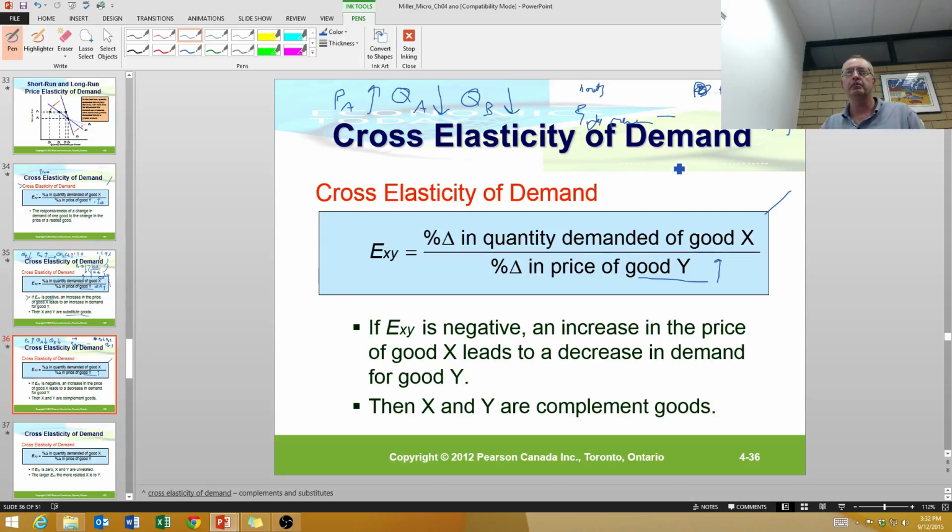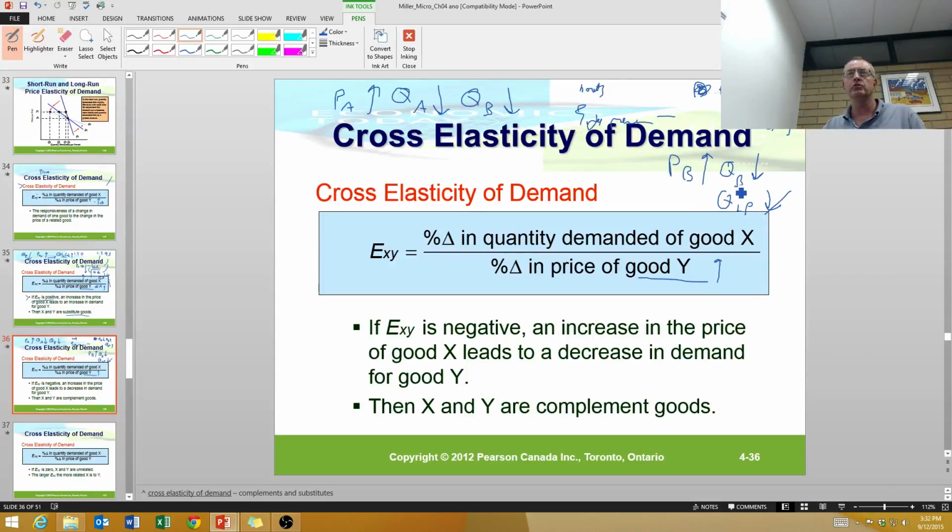And likewise, if the price of boats goes up, let's say the government imposes some kind of a tax on recreational vehicles, and boats get hit by a heavy tax, the price of boats goes up, the quantity of boats demanded will decline, and likewise the quantity of life preservers will also decline.